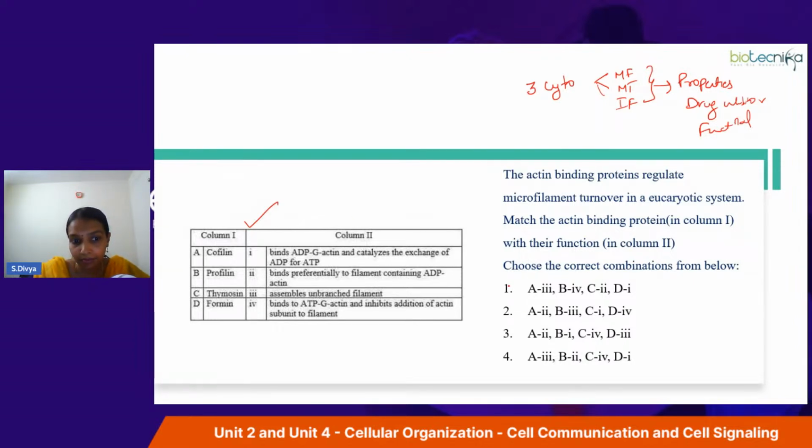So you have to be very clear with accessory proteins. Any idea regarding this, any one of you? I have seen no one is answering except Jiva. Or shall I tell you the answer? If you find it complicated, we'll explain regarding both microtubules as well as microfilaments. Cofilin, profilin, thymosin, formin. How are they connected to column 2?